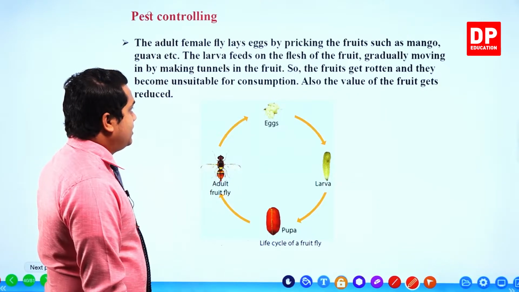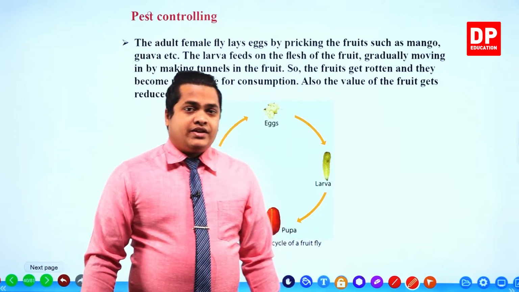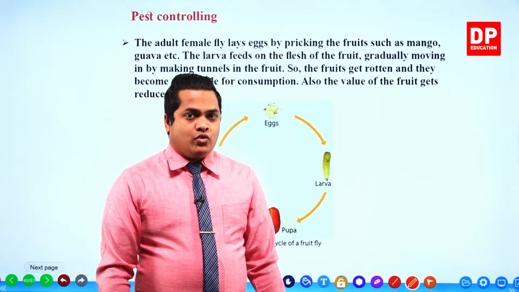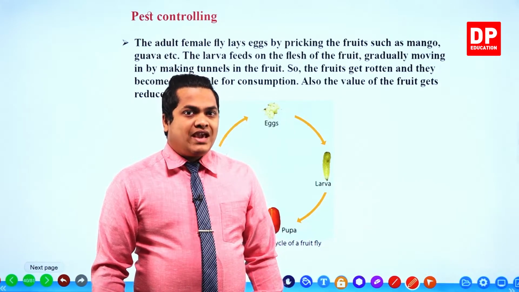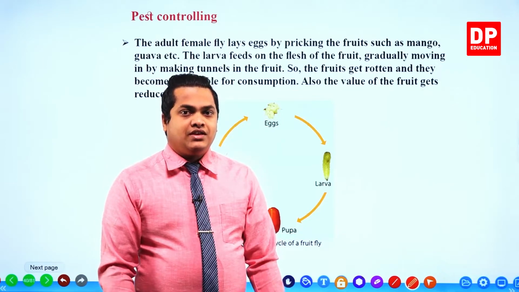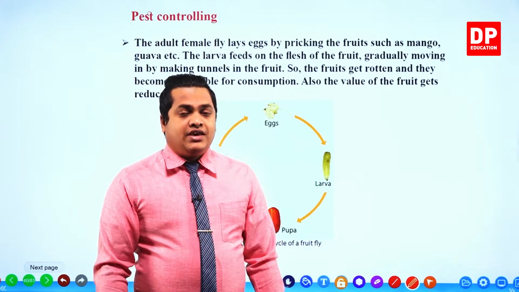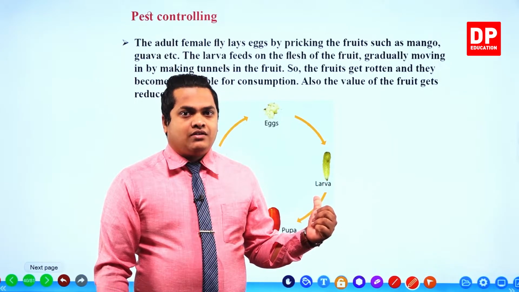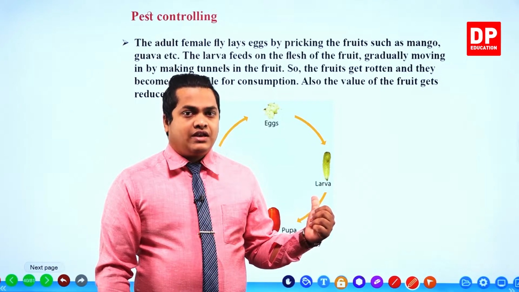Now, my dear children, when you cut a fresh mango, you may have seen that there are tunnel-like structures within the fruit. It's because of the effect of the fruit fly larva.